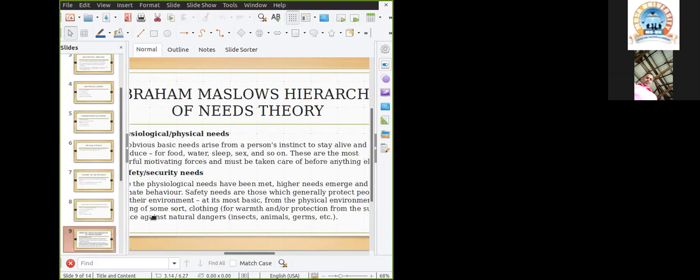In other words, if you want to meet the basic needs of any person, then first of all, ensure that you have provided food, water, and sleep. These are the basic needs of any person. And the fourth need is sex. Yes, I said sex.